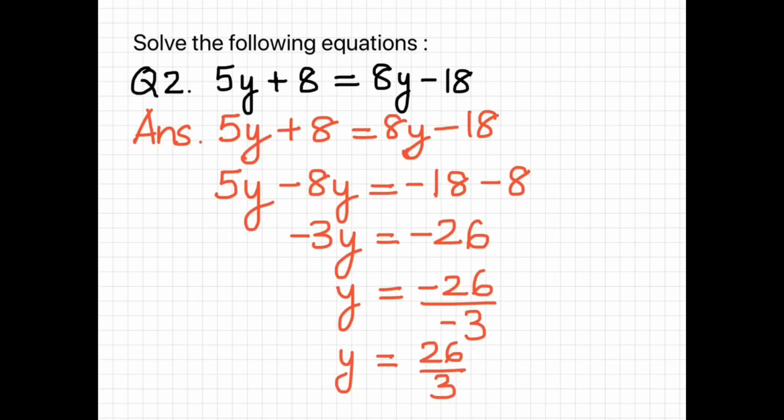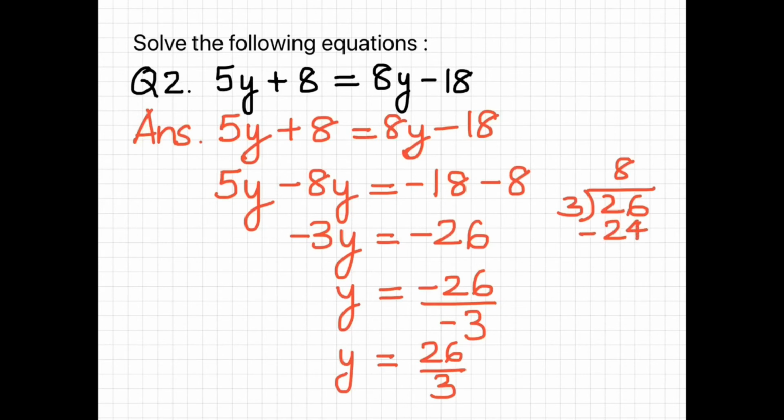We don't find any common factors here, and 26 by 3 is in improper form. Let's convert it into mixed form. So let's divide 26 by 3. 3 times 8 gives 24.